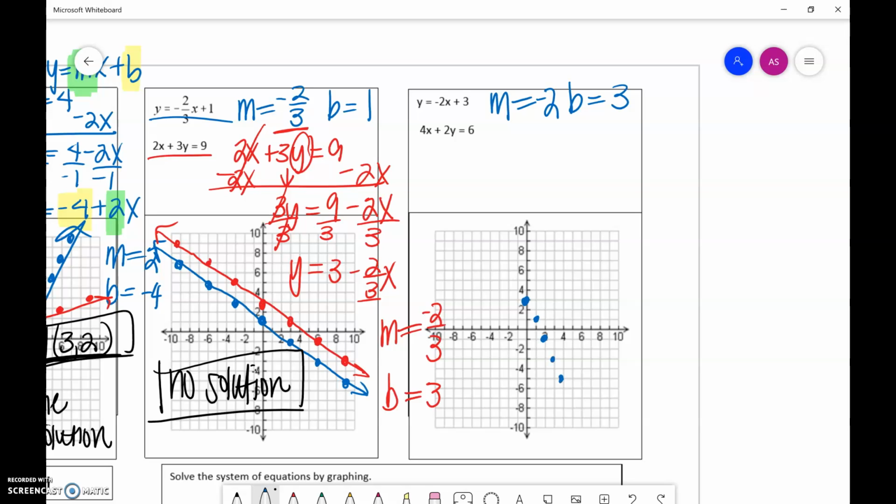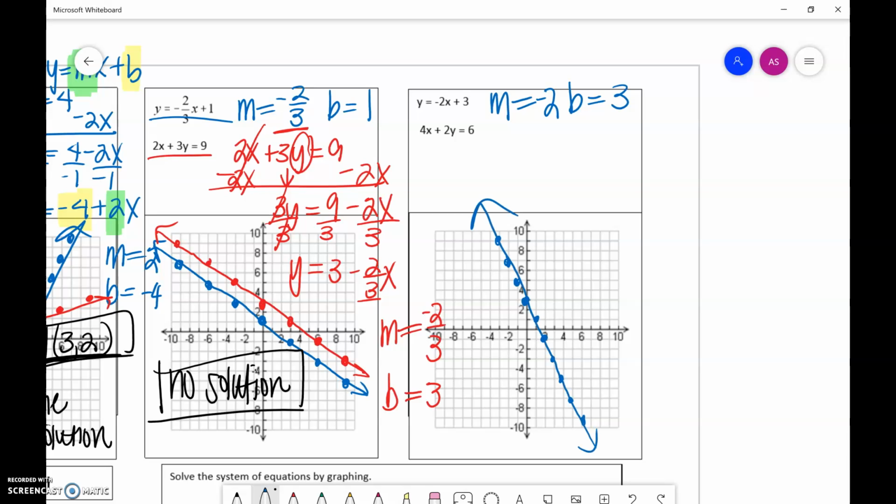Okay, so I'm just going to do my dots, like so. Okay, up 2 over 1, 2 over 1, 2 over 1. Okay, and that's my graph. Let me do that again.